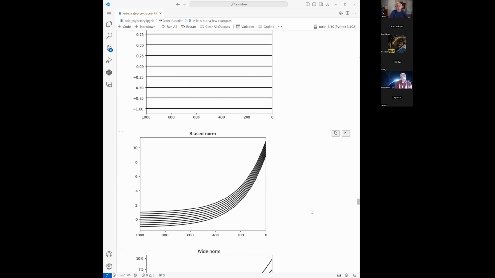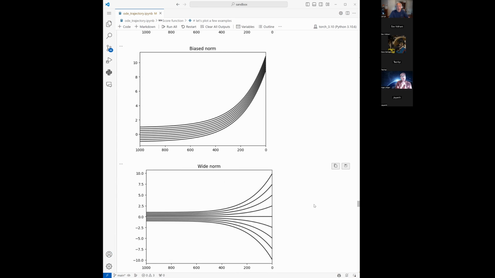Down on the next one, on the biased norm, I sample these points around 0, and I run the reverse ODE, and you can see that it migrates up to a mean of 10. The variance shouldn't have changed very much. It looks like hopefully that's the same. I think that was a variance of 1, but that's the reverse ODE running on a biased data set.